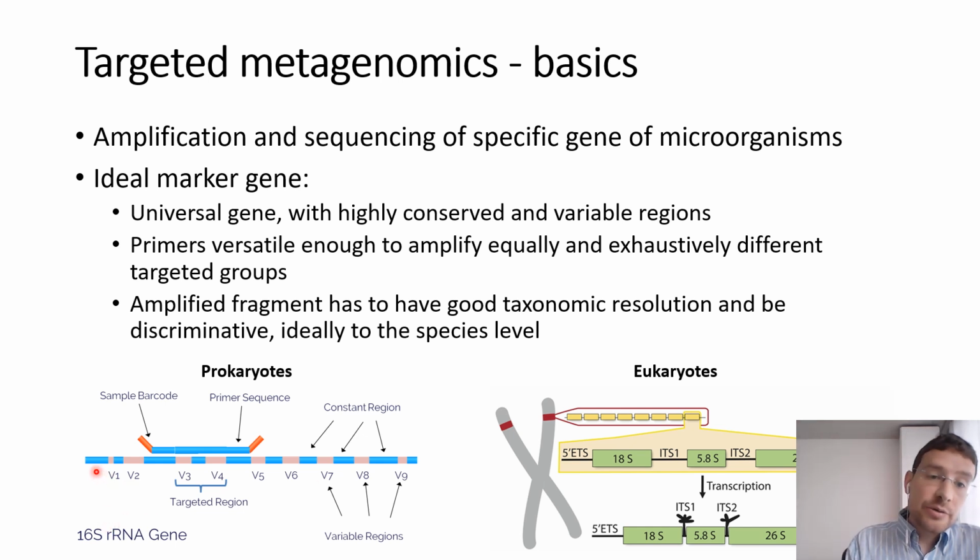As you can see here with the example of the 16S rRNA gene, you have some conserved regions which you can use as targets for your primers, and you have variable regions. The analysis of these variable regions allows you to distinguish between the different bacterial types present in your sample. And the same may happen with eukaryotes such as fungi, but in this case you use other genes.